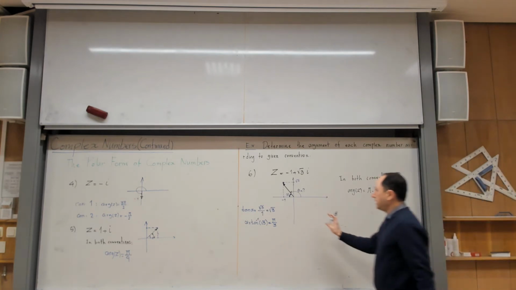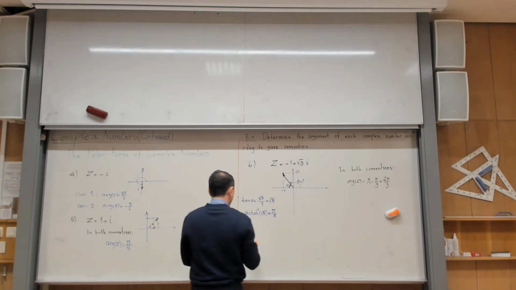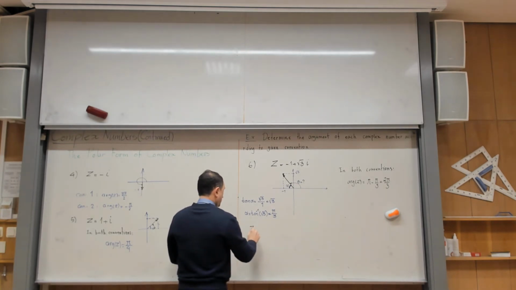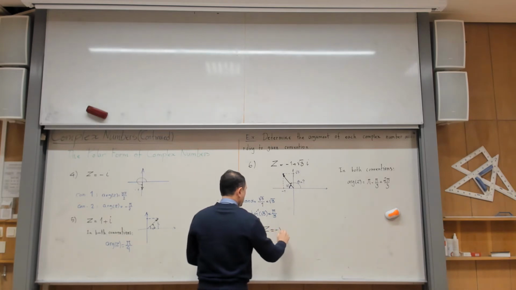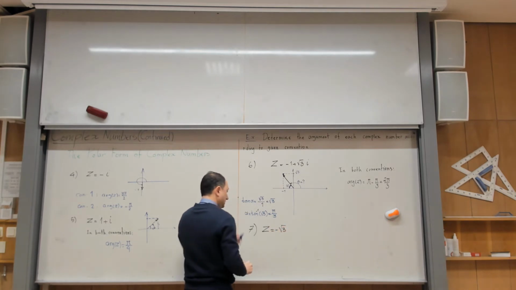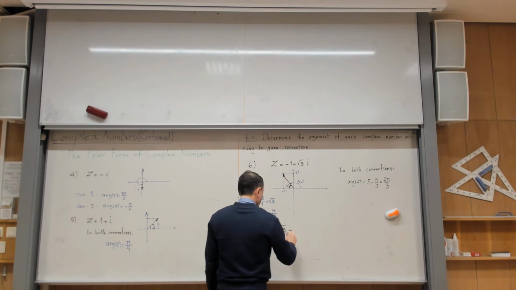Okay, for example, what happens, let me just write some famous ones. So number 7, for example, what happens if I have minus square root of 3 and then minus 3i?